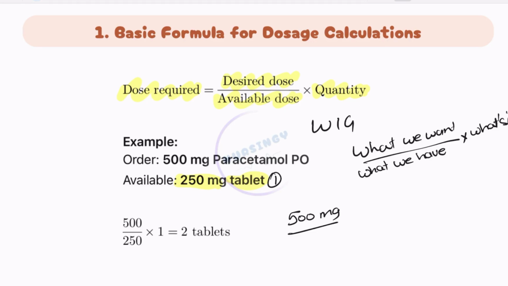What we have is the available dose, 250 mg, and what it's in is just one tab, so we times it by 1, which is equal to 2 tabs. That's our correct answer. So this is a very basic formula. Let's move to the next one.